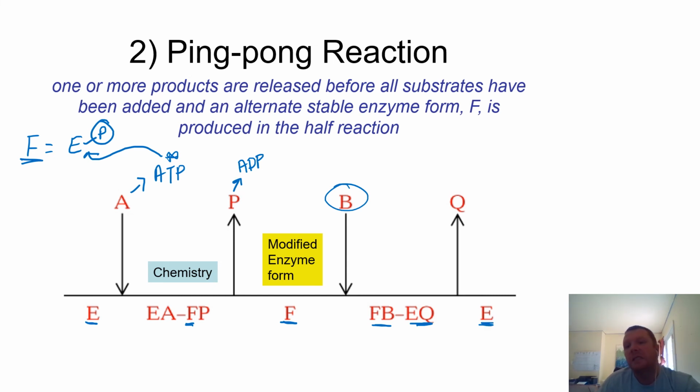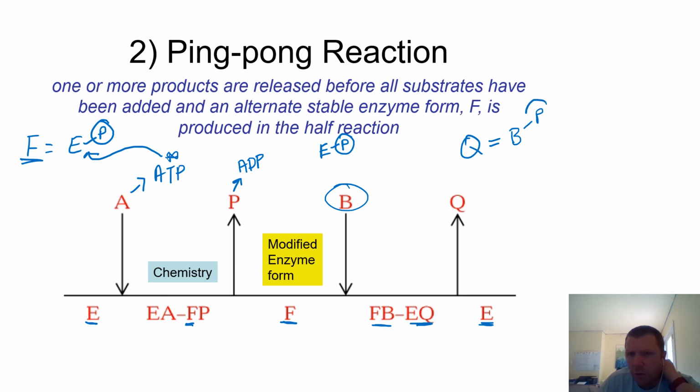So the reason I always like to think about this as a phosphorylation event is because it makes sense to me where you could have your EP, our phosphorylated form of our enzyme, bind to B, and then maybe what happens is Q is the phosphorylated form of B.